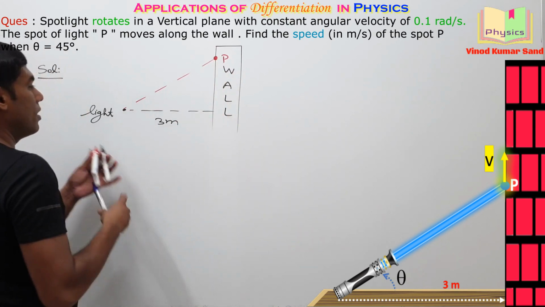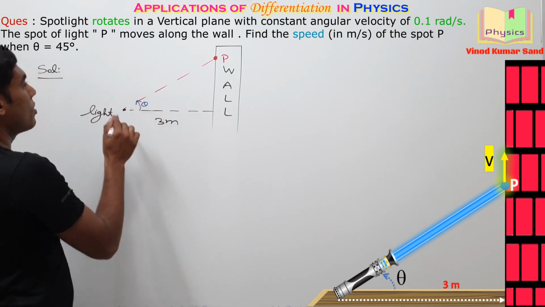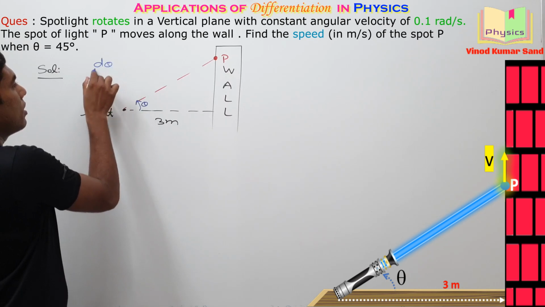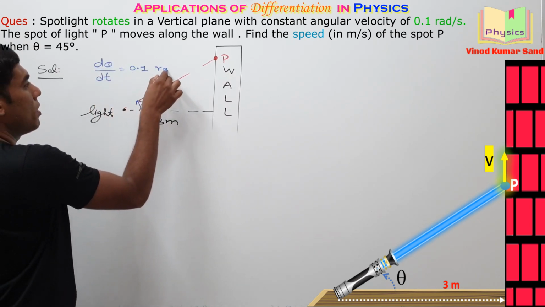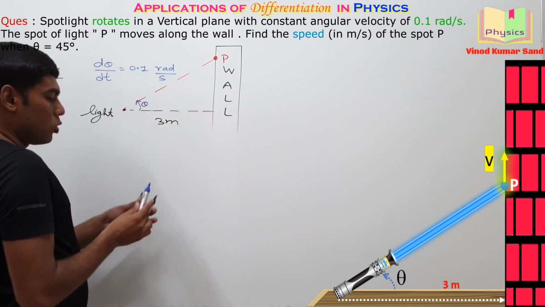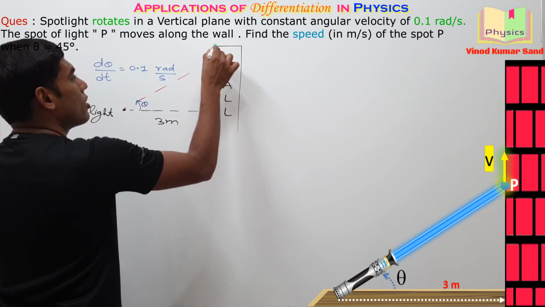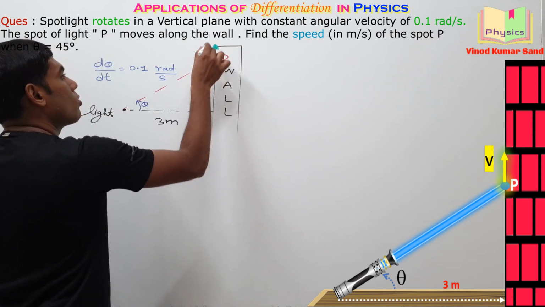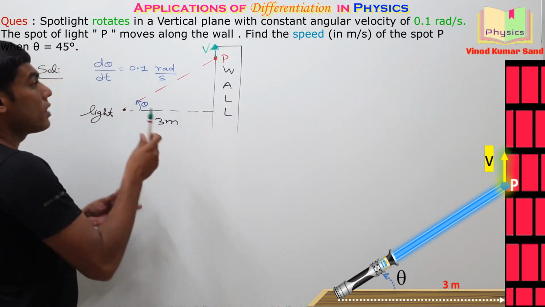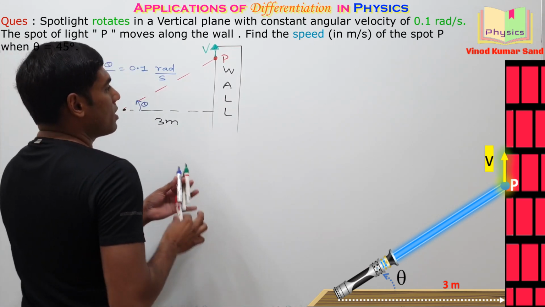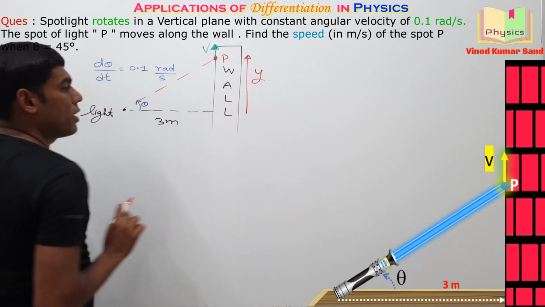And since the theta here is continuously increasing, it's given to us in the question that rate of change of theta is 0.1 radian per second. So this point P will go up and let's say its speed we write as V. Our target is to obtain this V. The height of point P at some moment of time we assume as y from here.